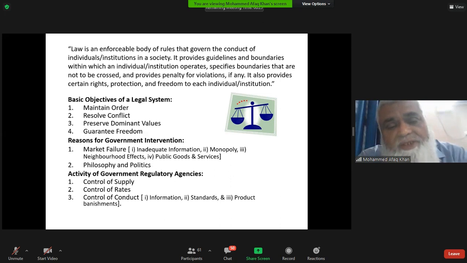Likewise, certain goods, like clean drinking water and basic health facilities, are provided by the government.